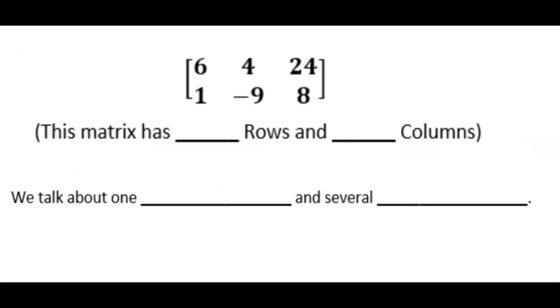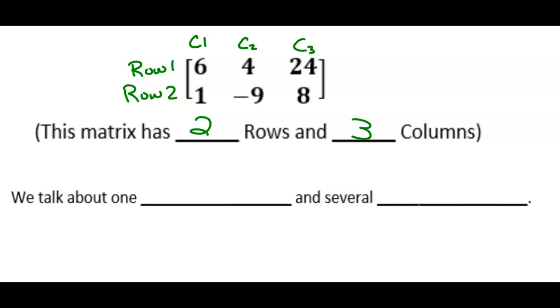So this is what a matrix looks like. This specific matrix is 2 rows and 3 columns. Here's row 1. Here's row 2. This is column 1, column 2, and column 3. Okay? I'm going to do it so that you can see. But I want you to watch too.